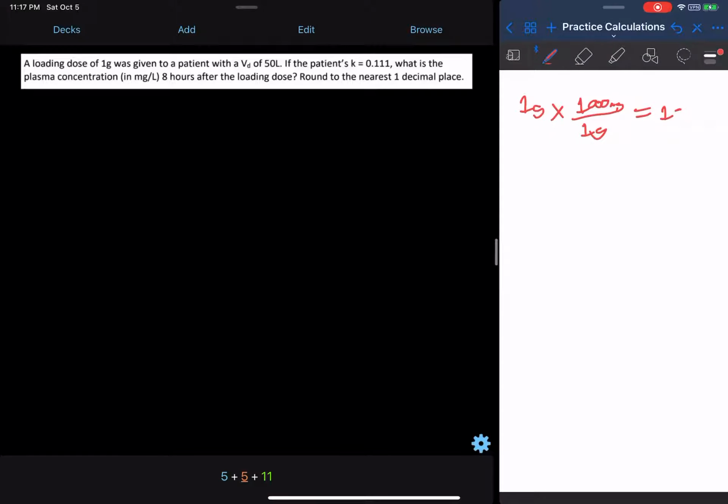So there's about 1,000 milligrams. Loading dose, what are we solving for? We want the CP, plasma concentration, so we get the loading dose, 1,000 milligrams. We don't want it in milligrams per liter. Over 8 hours.